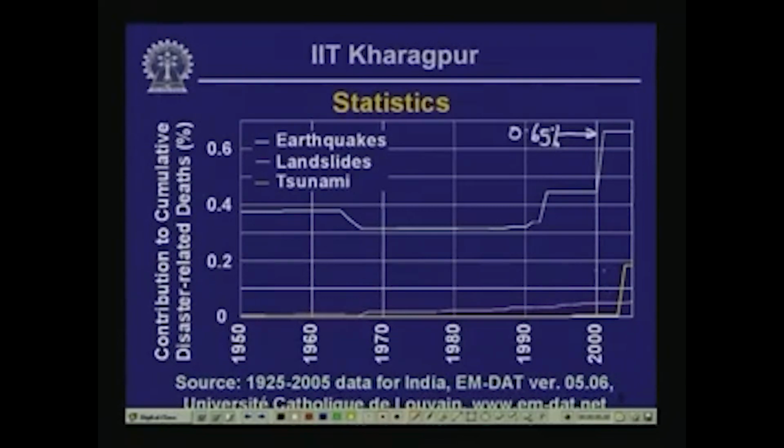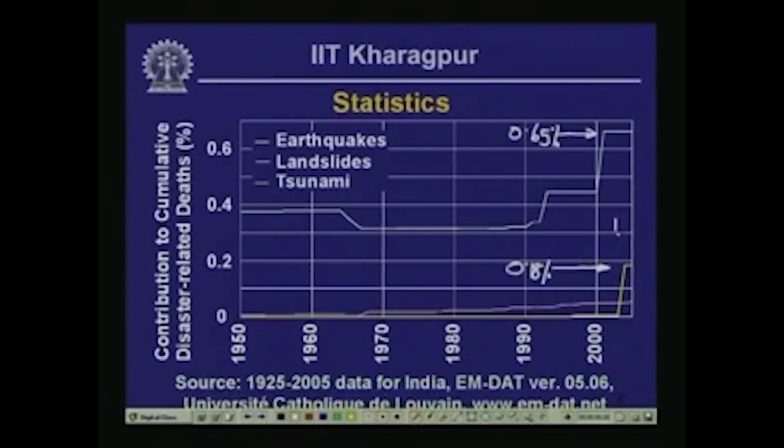Here what we see in this particular plot is that the tsunami related causes are even less of a factor when you consider it as a percentage of the total disaster related deaths, and here we are looking at a contribution of approximately 0.18%.